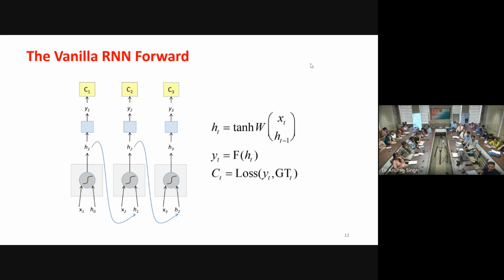Error can be of different kinds, whether you are using square error, mean absolute error, cross entropy error, or Kullback-Leibler divergence error. So there are different kinds of errors. You can compute what is the amount of error at this point.